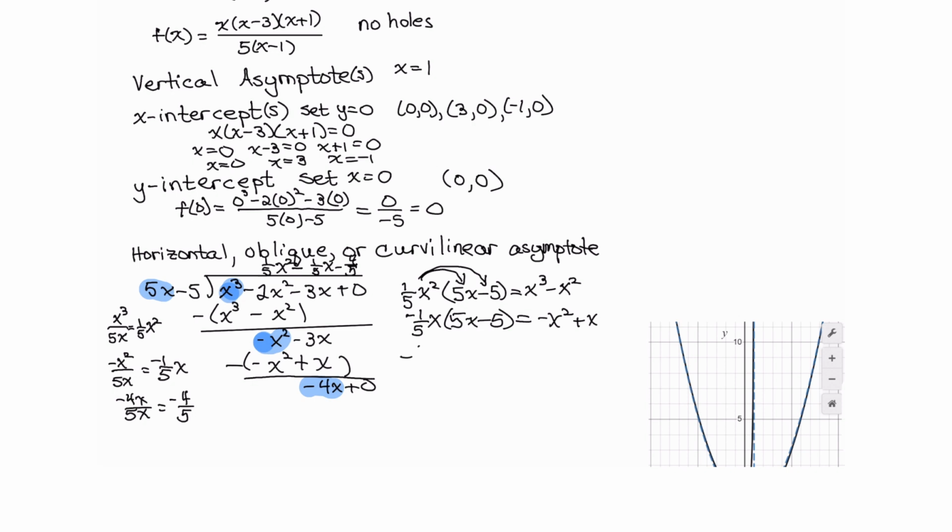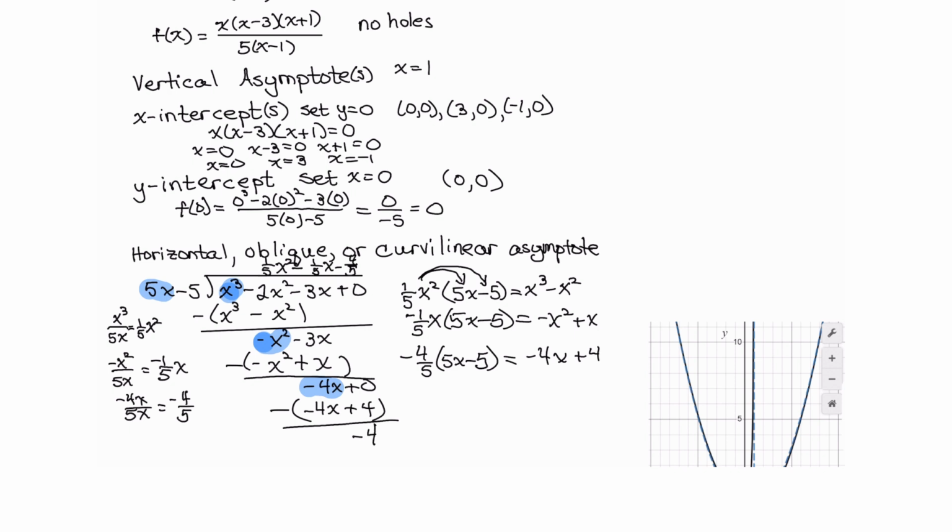Multiply negative 4/5 through our 5x minus 5 divisor, and that gives me negative 4x plus 4. Writing that underneath and subtracting, negative 4x minus a negative 4x cancel, and 0 minus 4 is a remainder of negative 4.